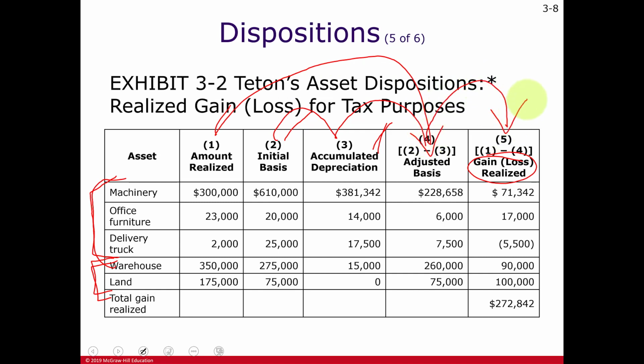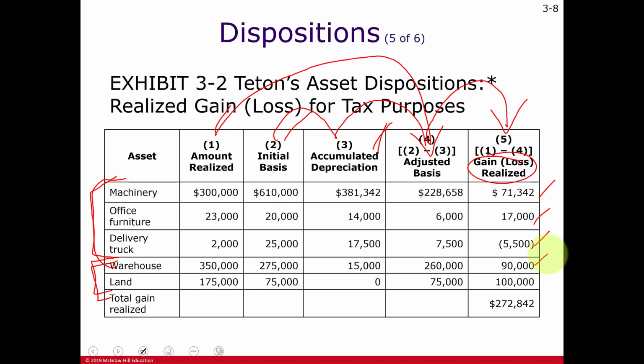And the amount realized minus the adjusted basis, like we've seen in the previous slide, equals the gain or the loss. Now these gains or losses are probably going to be recognized, but based upon the character of the gain or the loss. And that's really the complex thing in this chapter. We're going to have to classify them into different types. Different types of gains may be taxable, most of them are, could be tax-free. Remember, that's unrecognized. Could be taxed at low rates or high ordinary rates.